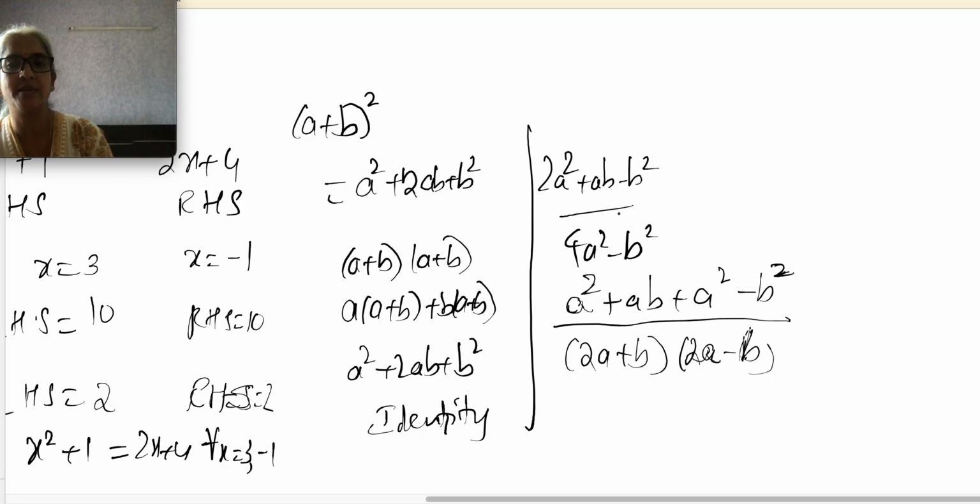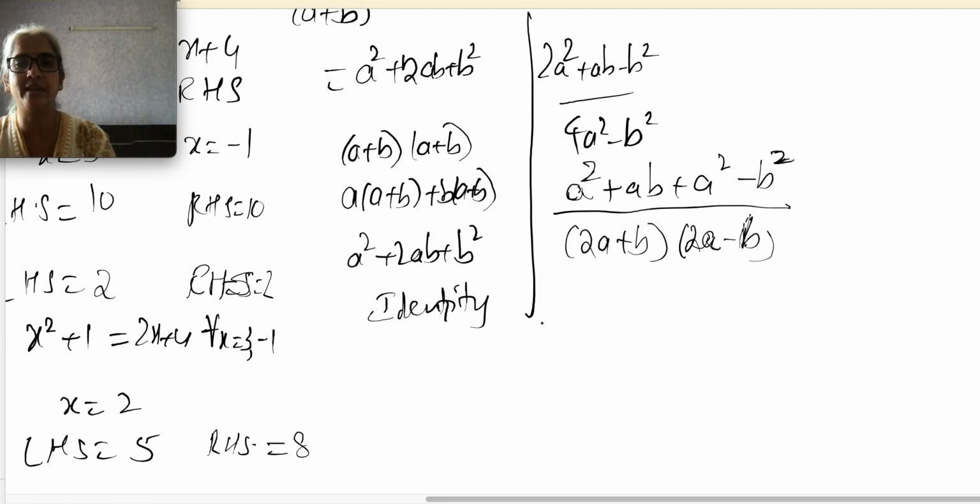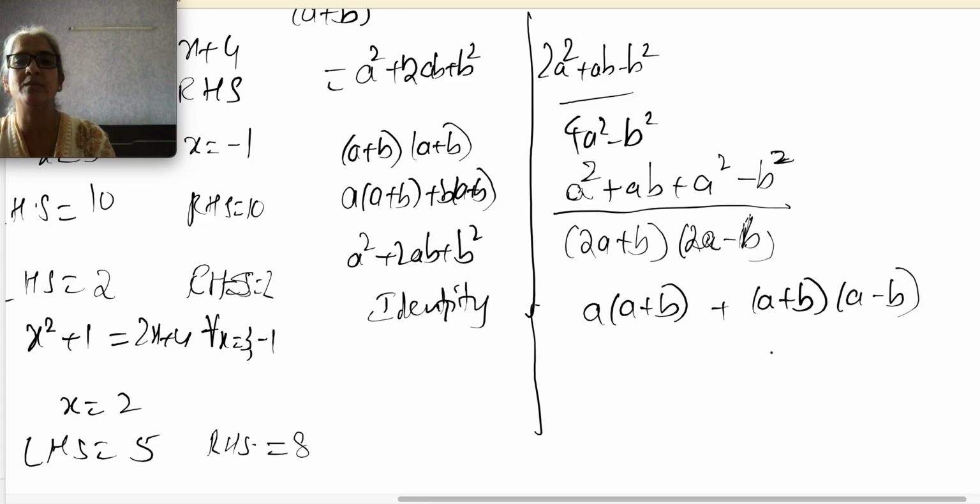So there are two a squares and I'm just distributing it and rewriting it. So a is common here, a plus b, and I'm rewriting this also as a plus b into a minus b.